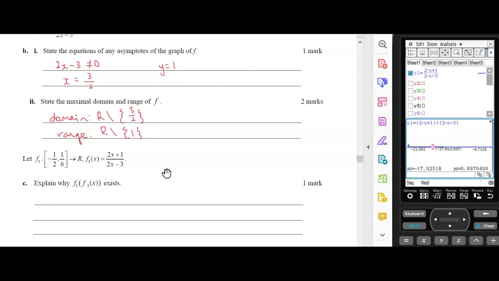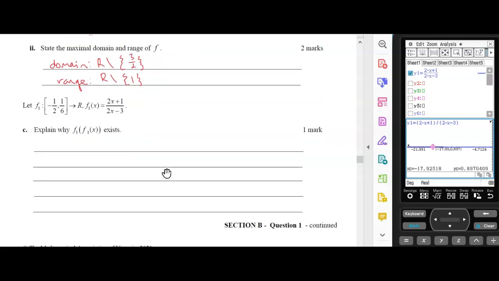All right, so then we've got another function. So we've got a restricted domain now. We're going from -1/2 to 1/6. Explain why f1(x) exists.